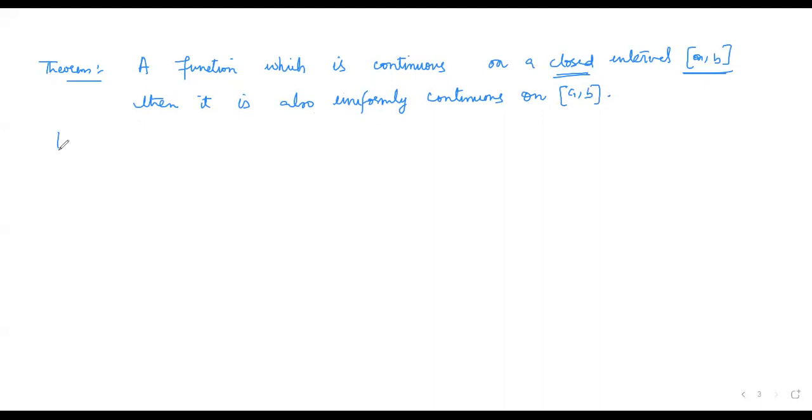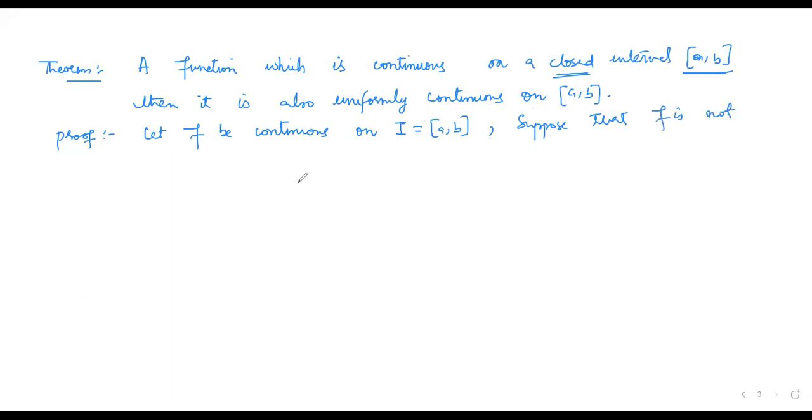So let's do the proof. Let f be continuous on this interval I, which is a closed bounded interval, and suppose that f is not uniformly continuous on it.